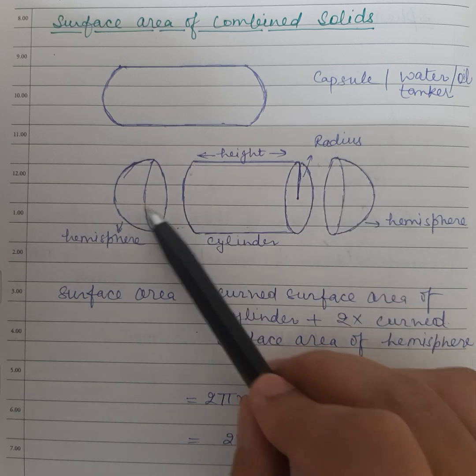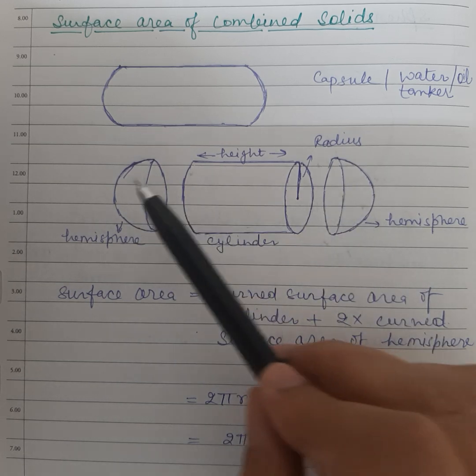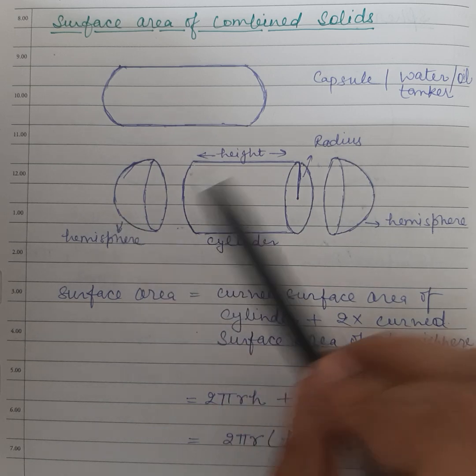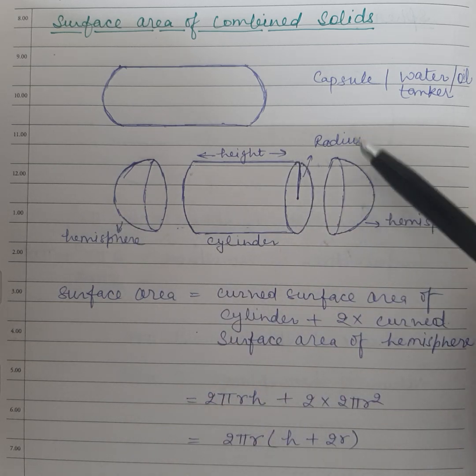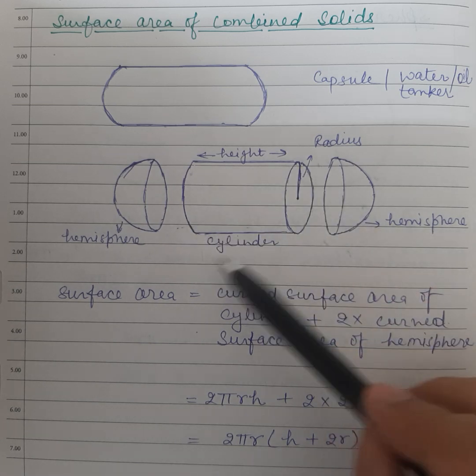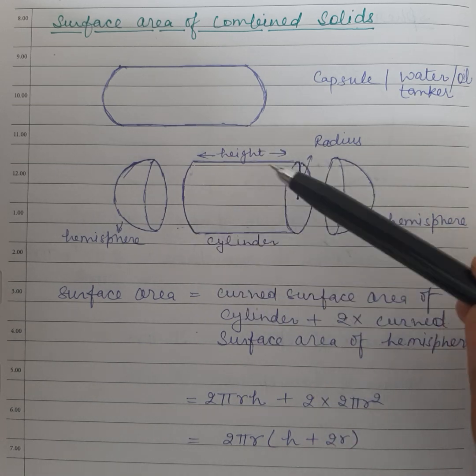So these two hemispheres are identical. So we can calculate the surface area of one hemisphere and then multiply it by 2. And for this cylinder, we'll have to find the curved surface area.